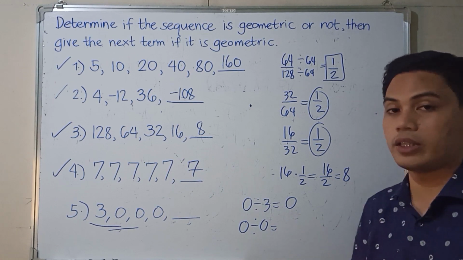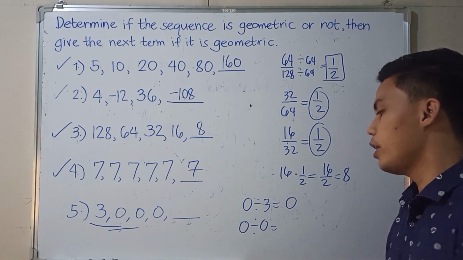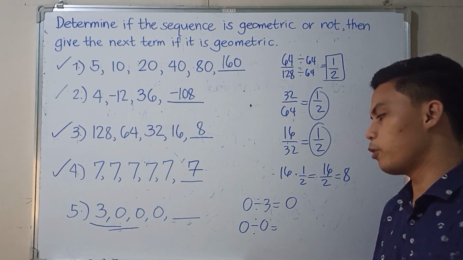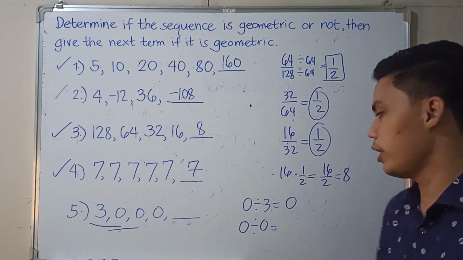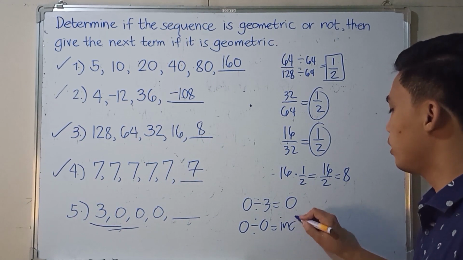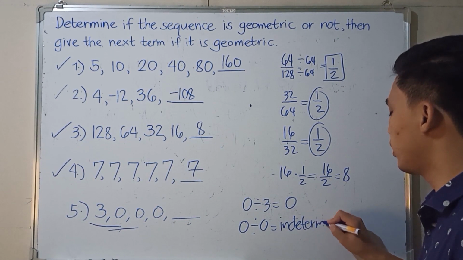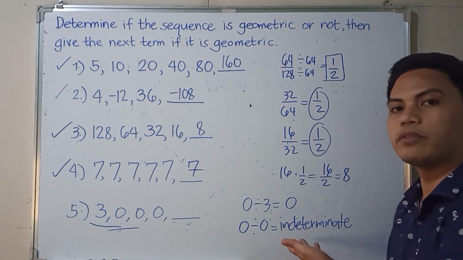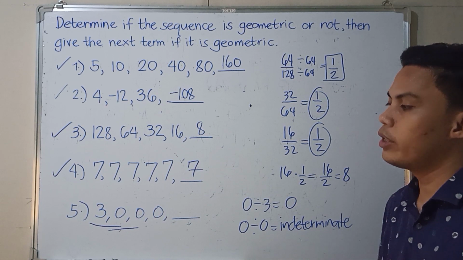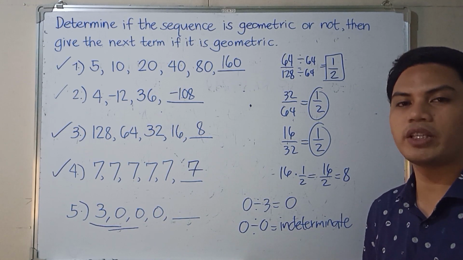Okay. We cannot say that it is equal to 0. Okay? 0 divided by 0 would be indeterminate. Okay, so wala siyang value. So, ibig sabihin, number 5 is not a geometric sequence.